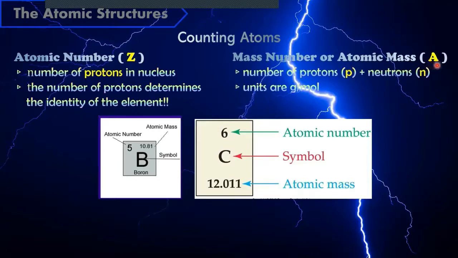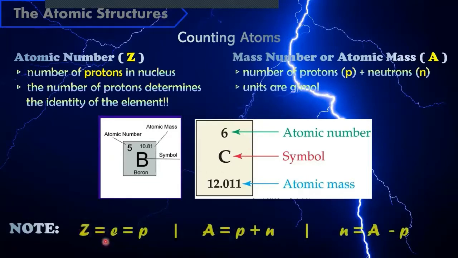To get the value of atomic mass, simply add the number of protons plus the number of neutrons, or P plus N. And the SI unit is gram per mole. Okay, take note, Z, E, P: atomic number, number of electrons, and number of protons. In a neutral atom, these three are always equal.